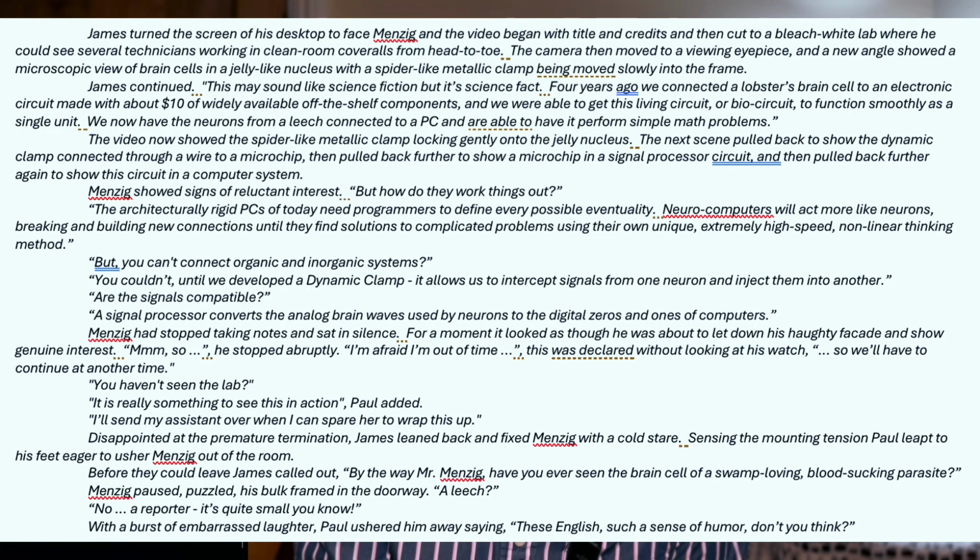Menzies paused, puzzled, his bulk framed in the doorway. "A leech?" "No, a reporter. It's quite small, you know." With a burst of embarrassed laughter, Paul ushered him away, saying, "These English, such a sense of humor, don't you think?"